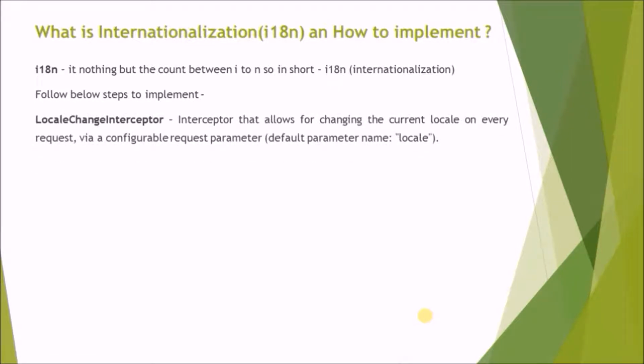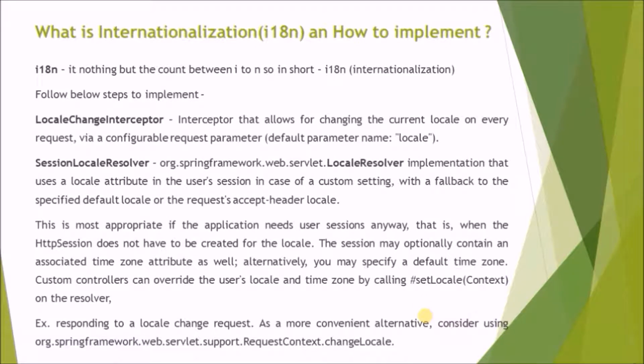Locale change interceptor allows for changing the current locale on every request, via a configurable request parameter, default parameter name locale. Session locale resolver implementation that uses a locale attribute in the user's session in case of a custom setting, with the fallback to the specified default locale or the request's accept header locale.